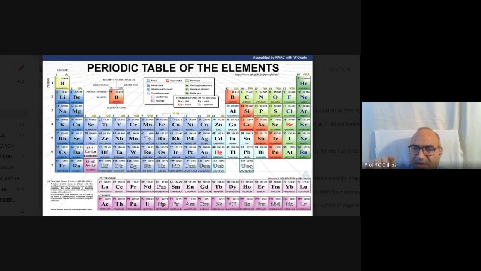But one more thing regarding sodium: sodium is an active metal. When we put sodium in an open area, it will react with the environmental conditions, the oxygen and moisture, and form a compound. So sodium itself is an active metal.